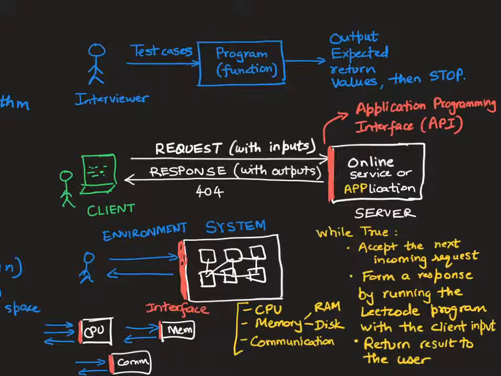And when it comes to larger scale systems of the kind that we're going to look at in this course, we might have several machines, thousands or tens of thousands of them, which are linked together with communication channels, and each machine could have multiple CPUs and multiple RAM chips and disks inside them. But collectively, all those machines interact with each other to provide and expose an overall functionality to the end user. So that would be an example of a system that is much larger in size than a single machine.